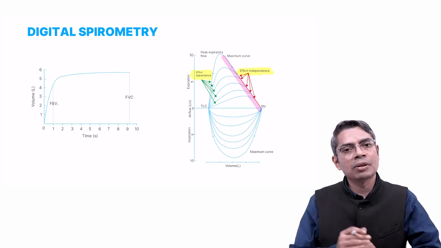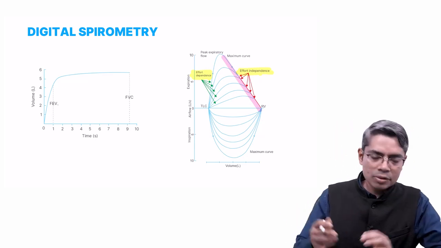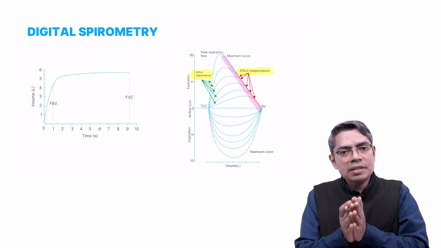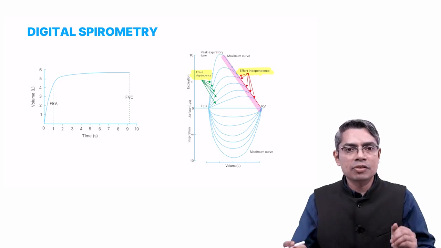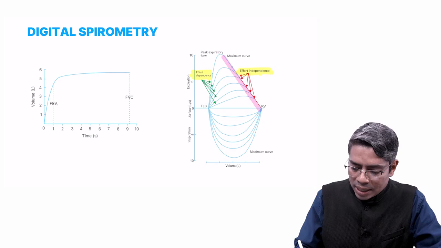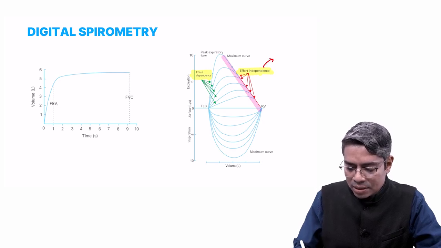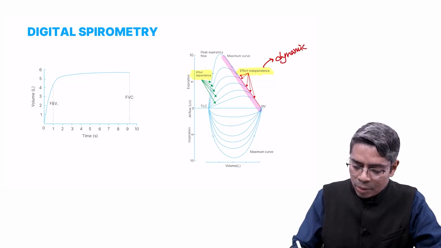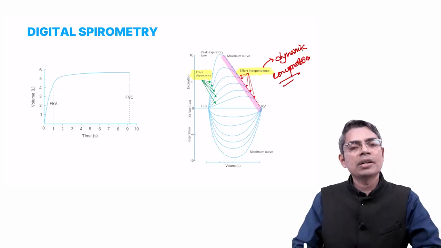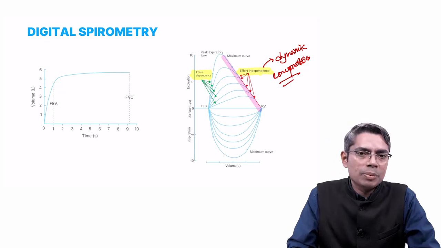Why? Because of the dynamic compression of the airways. Whenever the airways are getting compressed, whatever your force from the chest wall, it is not going to increase your flow rate. That's why the right hand side of this curve is known as the effort independent curve, because of the dynamic compression of the airways. Getting my point? This is a very important thing to remember.